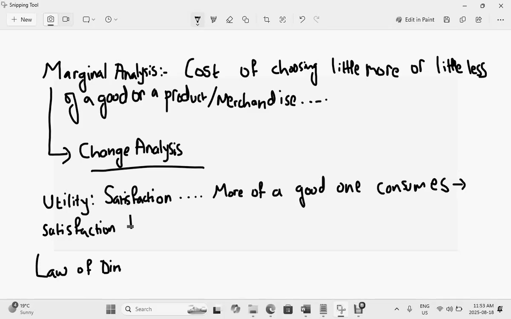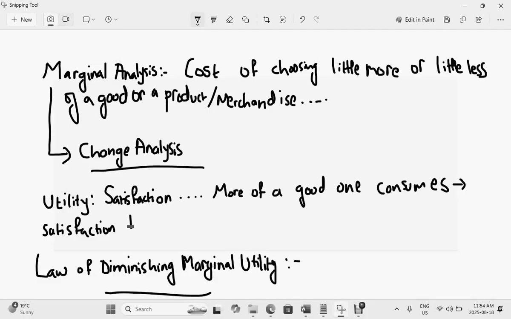Diminishing, as in vanishing, something that goes away, fades away. So the law of diminishing marginal utility: as the person receives more of a product, or a good, the utility goes down.